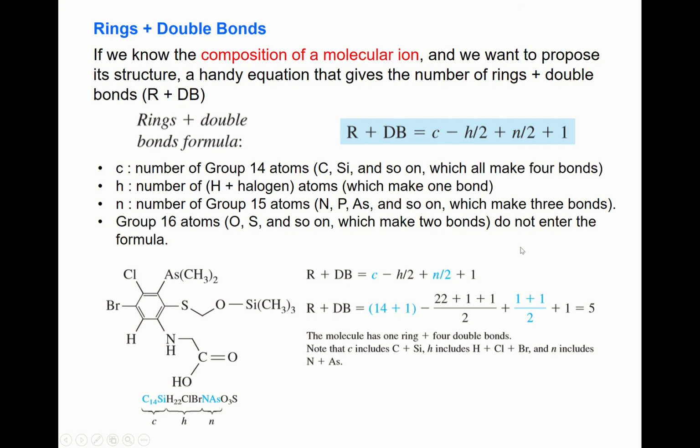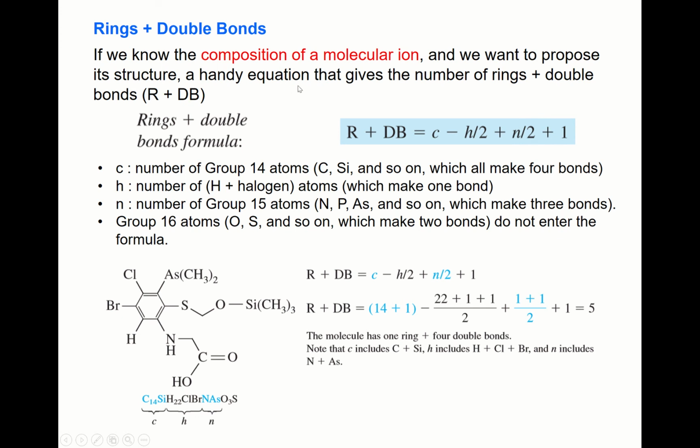The next topic is rings plus double bonds. Sometimes we don't know the structure of the molecule of our interest, and if we know the composition of a molecular ion, then we can calculate the sum of the number of rings and double bonds, and we want to propose its structure.